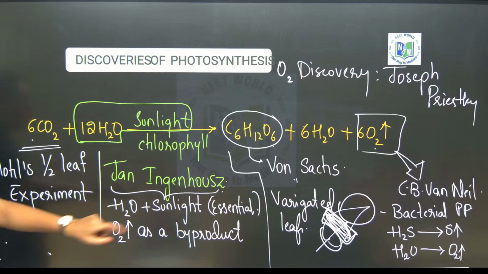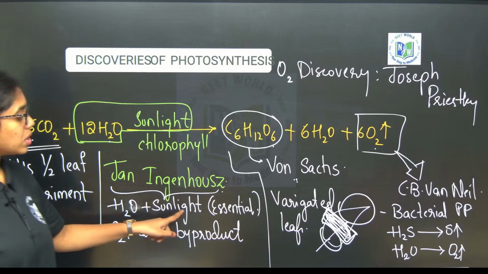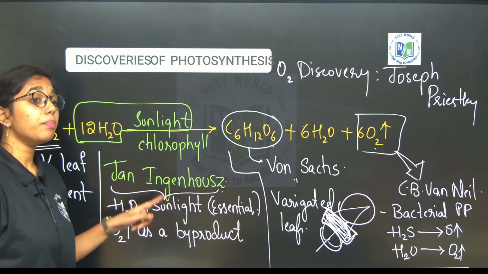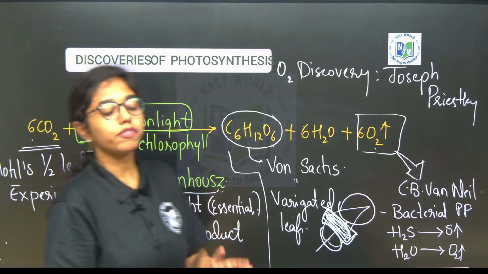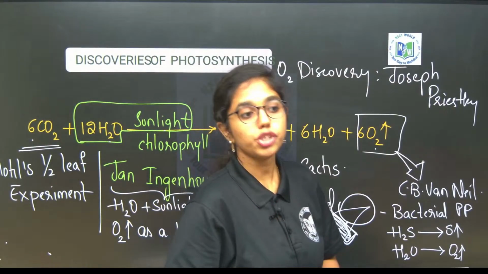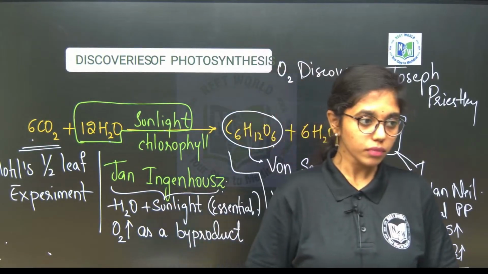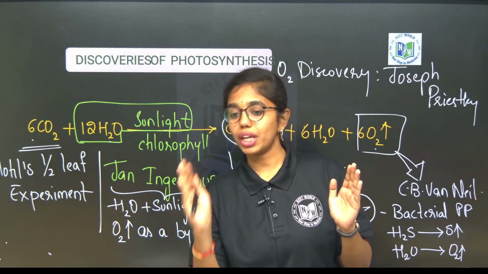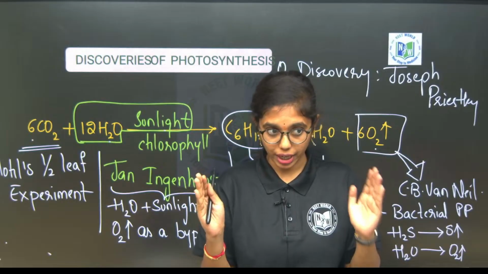No, right, ma'am? So, here Jan Ingenhousz, who said that sunlight is essential for the process of photosynthesis, didn't mention which spectrum of sunlight is actually essential for this process. The visible spectrum of sunlight ranges from 300 nanometers to 700 nanometers.